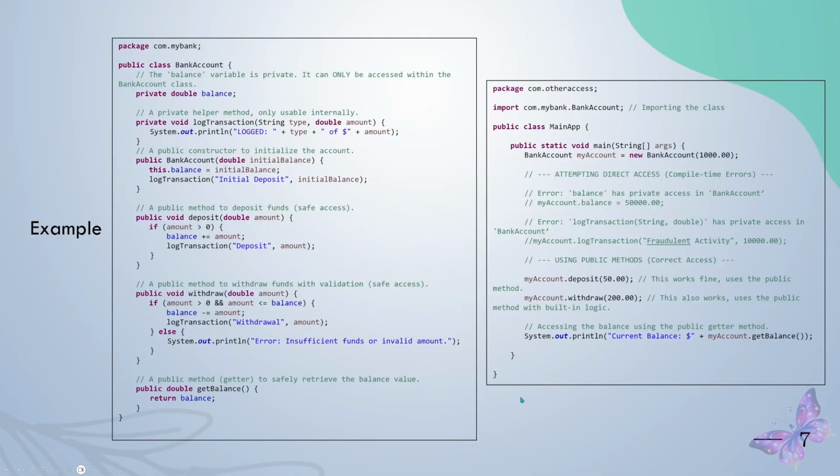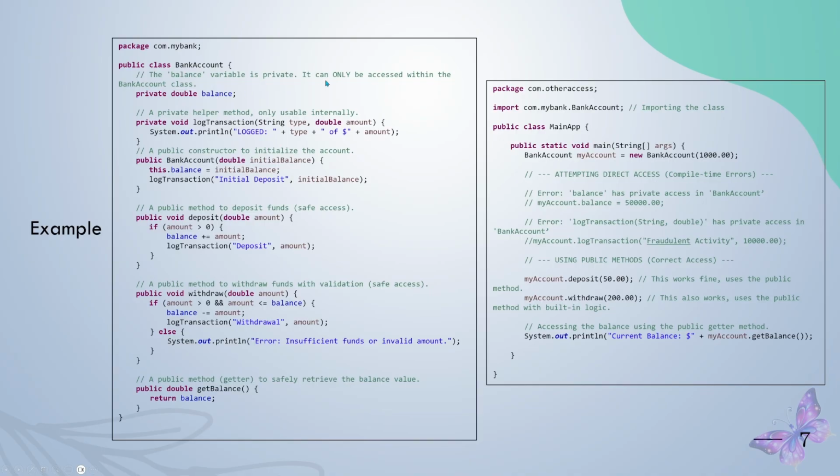Let's see an example. Here we create two packages. One package is com.mybank and we create a class in that package. The class name is BankAccount. Then we declare a variable as private, type double, and the variable name is balance.